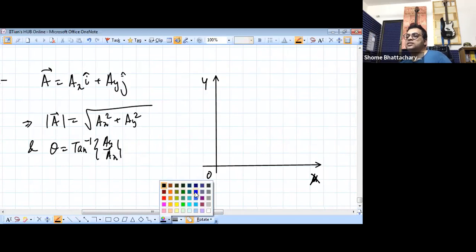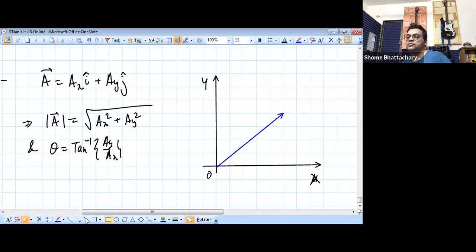Now if the vector E is like this, if the arrow of the vector E is looking like this, this is the vector and this angle is theta, then in this diagram now you can see that you can make it a right angle triangle where the base is represented by a vector which is Ex i cap and the perpendicular is represented by a vector which is Ey j cap.